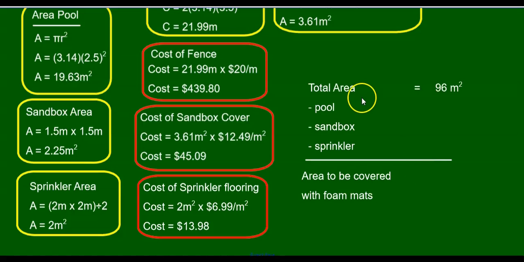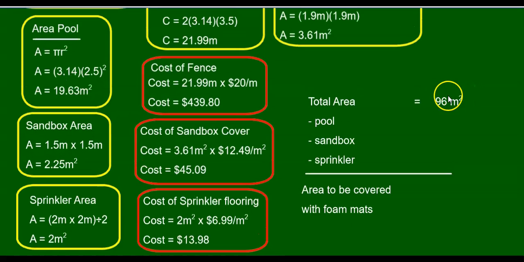So the total area of the play area is 96 meters squared, which we calculated at the beginning. The pool has an area of 19.63, so I'm going to subtract that, because we're not covering the pool with the floor mats. We're not covering the sandbox with the floor mats, so it's 2.25 meters. The sprinkler is going to cover 2 meters that we're not going to be putting floor mats on.